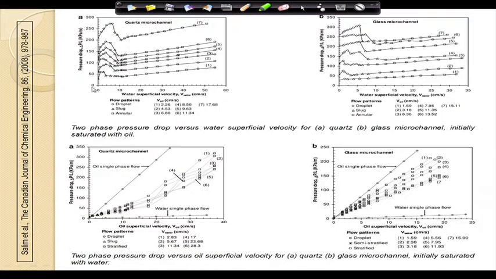The moment they meet, there is a large shear associated, and due to the expansion of the liquid film from the film region to the liquid slug region, there is a pressure drop involved. And due to this pressure drop, people have found that such a trend of pressure reduction with increase in water velocity is also observed for air water cases.